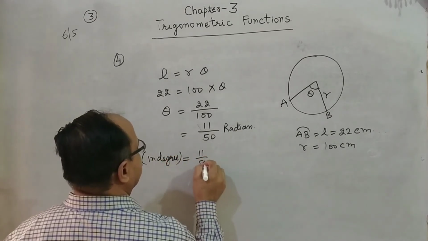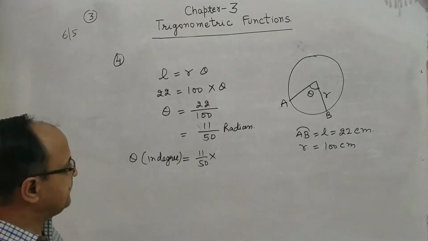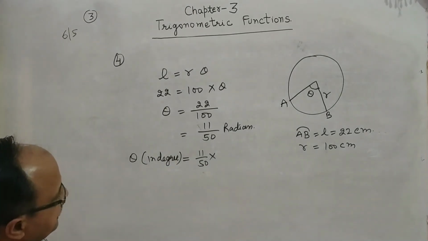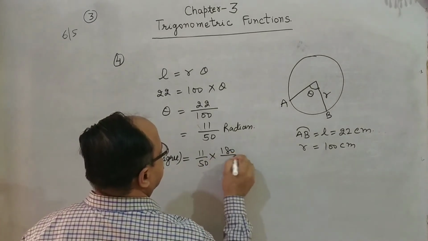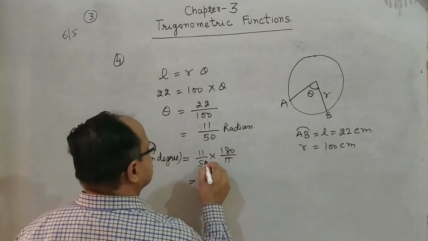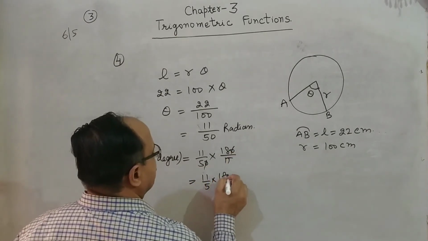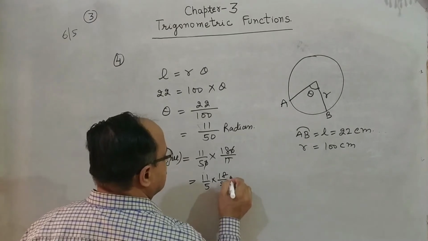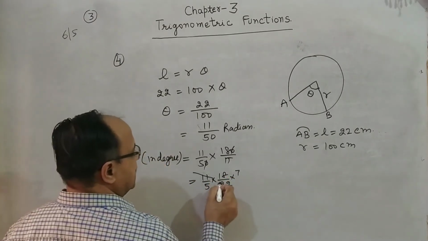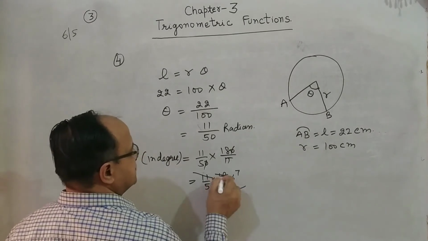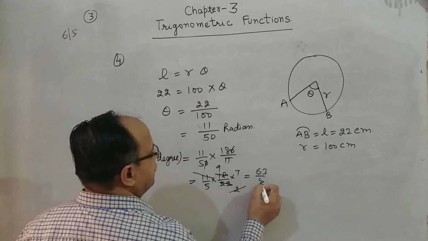Theta in degrees is 11 by 50 multiplied by 180 by pi. When you convert radians, multiply by 180 by pi. Taking pi as 22 by 7, 11 cancels with 22, and 2 cancels into 18 giving 9. 9 times 7 is 63 by 5.